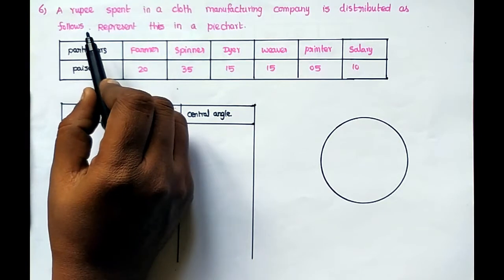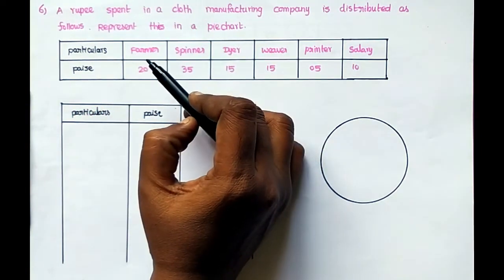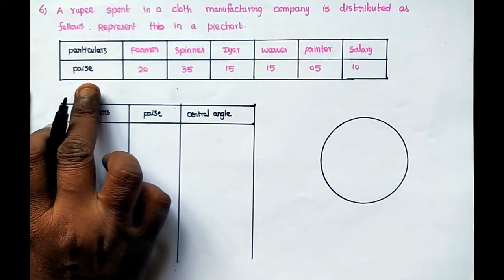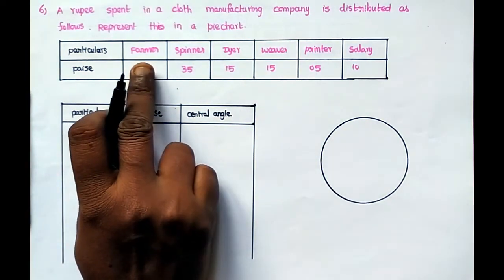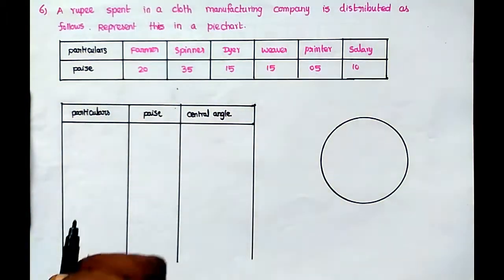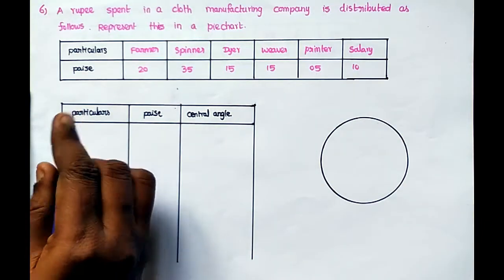Sixth sum: a rupee spent in a cloth manufacturing company is distributed as follows. Represent this in a pie chart. They have given the particulars: farmer, spinner, dyer, weaver, printer, salary. Listen, what are the particulars?